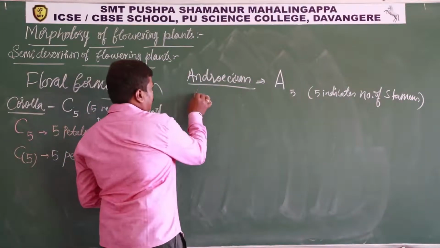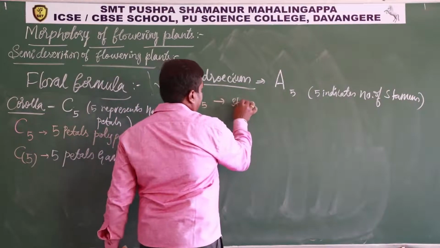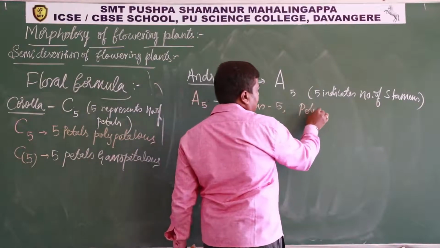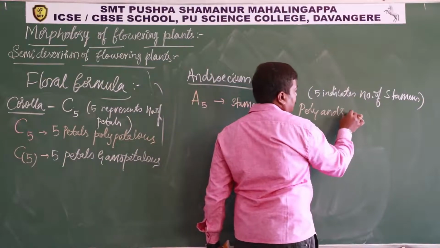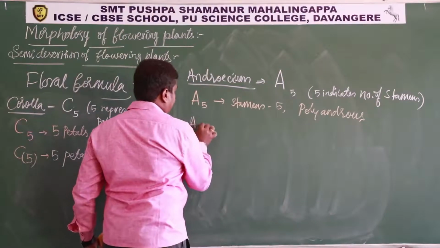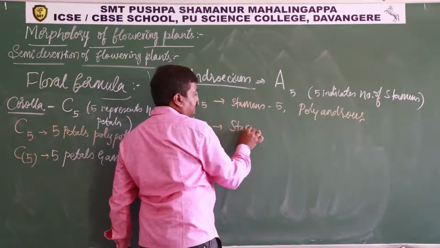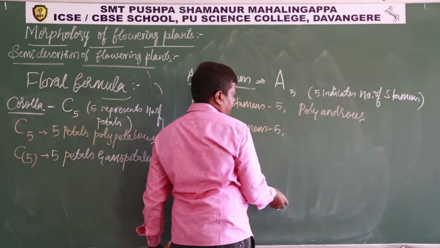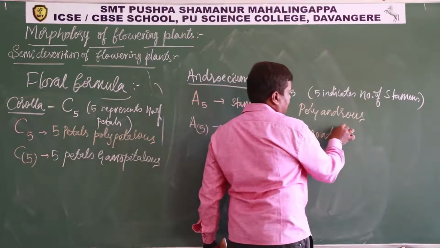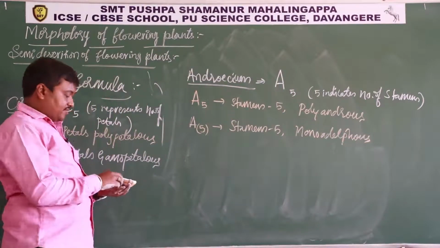Suppose if you write A5, this indicates stamens 5, polyandrous. Okay, then if you write A5 within a bracket, it indicates stamens 5, monoadelphous. So it indicates monoadelphous.